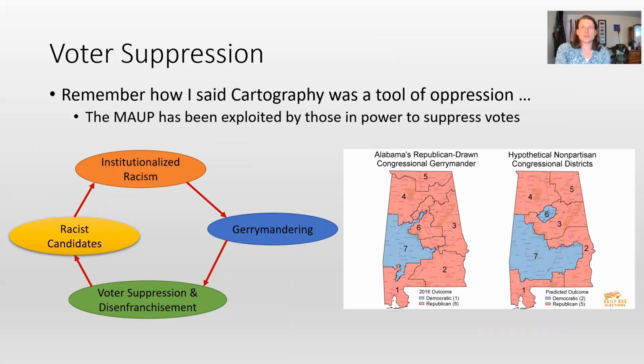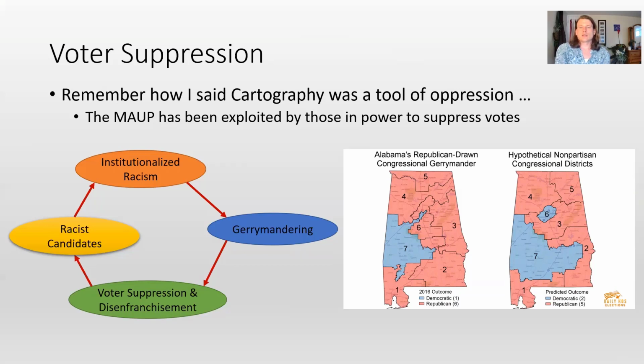So you might remember at the beginning of term, I talked about cartography being used as a tool of oppression. Well, the modifiable areal unit problem has been exploited by those in power to suppress votes. For instance, I'm showing you an example of Alabama's current Republican-drawn congressional district, which is heavily gerrymandered, and a hypothetical nonpartisan congressional district, which shows essentially one more Democrat and one less Republican getting elected to Congress.